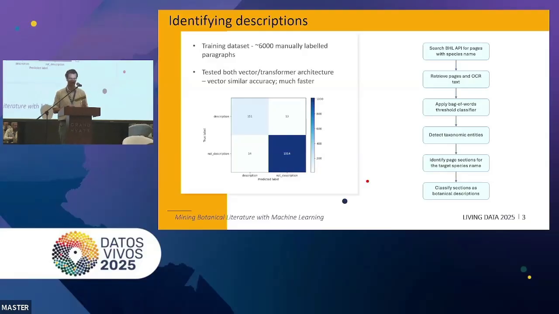We then detect the taxonomic names in the page and associate each name with sections of text in the page. We then use a binary text classifier for each section to identify the descriptions matching each species. At the end of that, we have botanical descriptions belonging to the species on BHL and online floras.